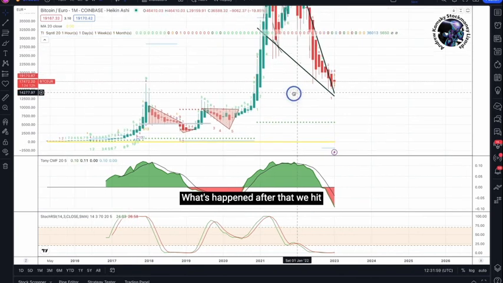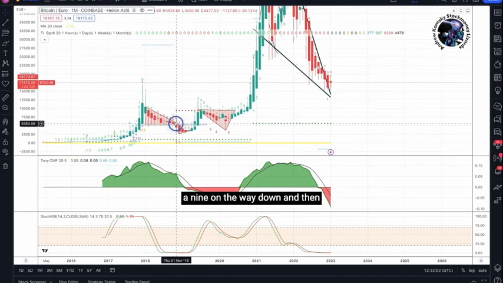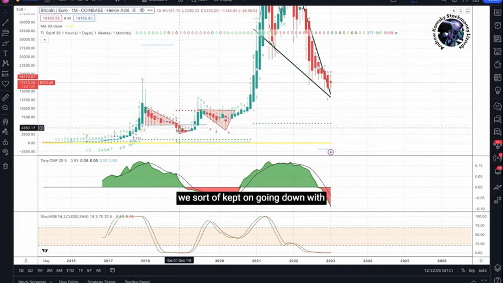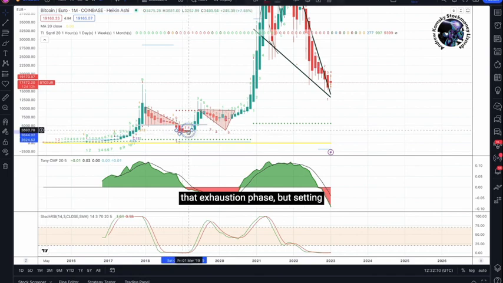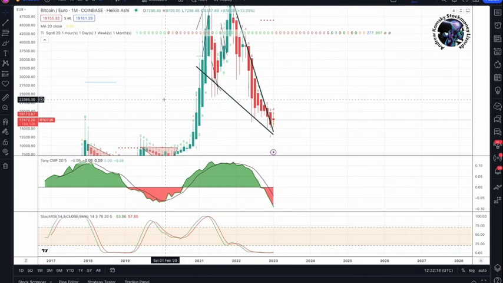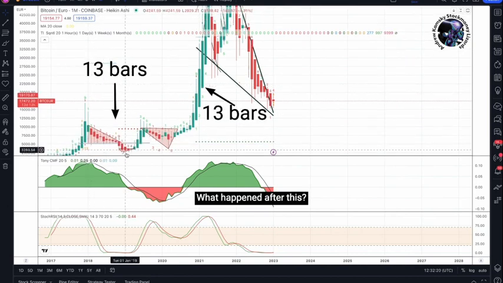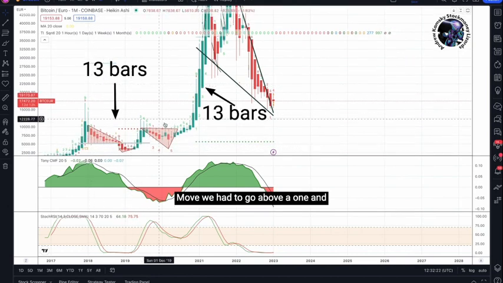Now, what happened after that? We hit a 9 on the way down, and then we sort of kept on going down with that exhaustion phase, but setting ourselves up for a move for 4 bars. That is 4 individual months. What happened after this move?